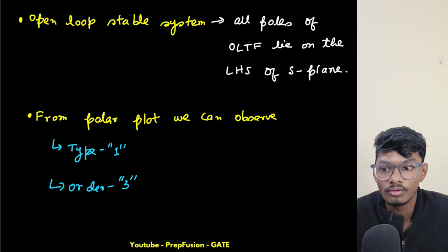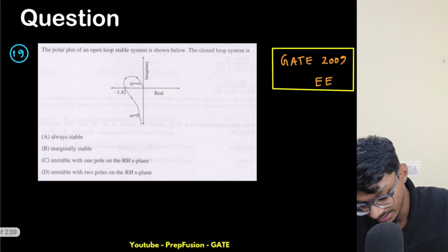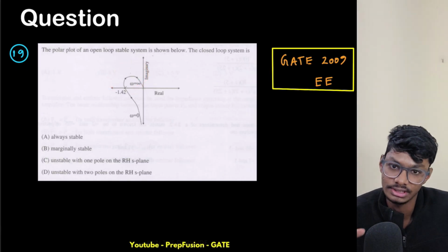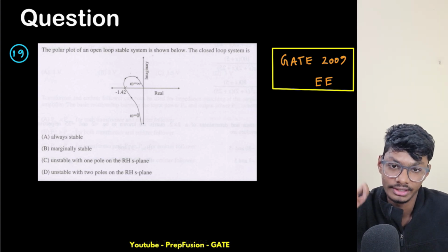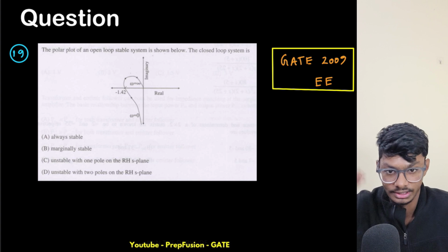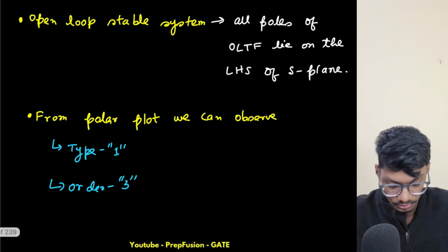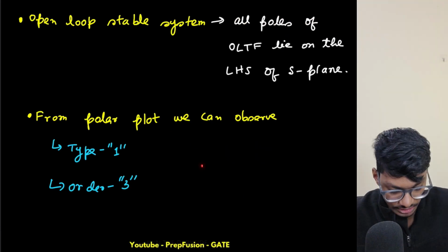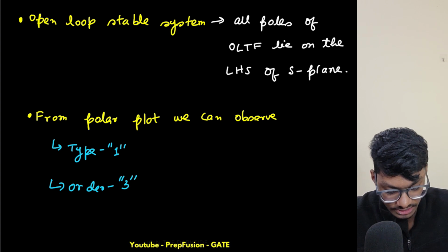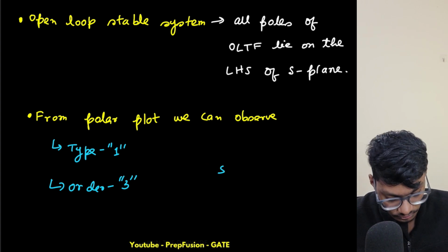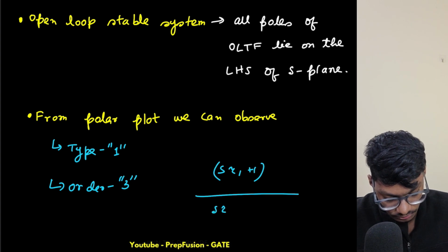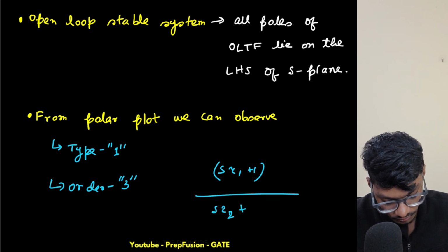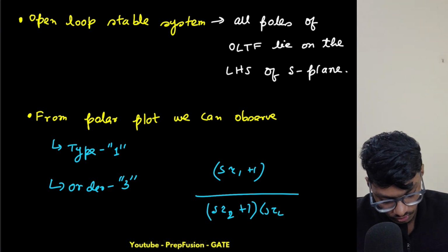Or what you can do, at the end it is ending here, right? So this means at least at the end, as s tends to infinity, p minus z will be 3, because all the angles will get cancelled out. Basically, whatever number of zeros I have, let's say I have s tau 1 plus 1, then s tau 2 plus 1, s tau 3 plus 1, then s.